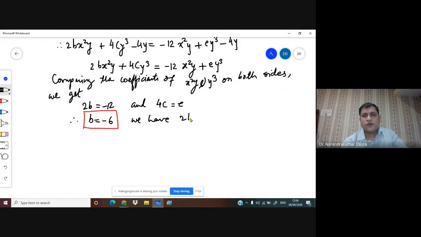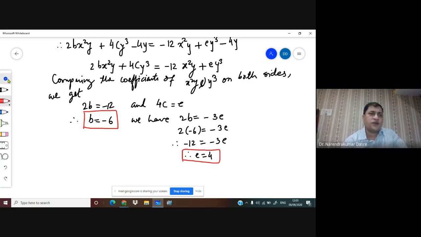So 2 into minus 6 is equal to minus 3e. So what we get is minus 12 is equal to minus 3e, and hence we get e is equal to 4. So from here we got e is equal to 4, and now we have to solve this equation. Now we have 4c is equal to e is equal to 4, and hence we get c is equal to 1.